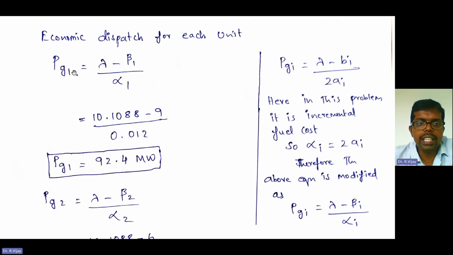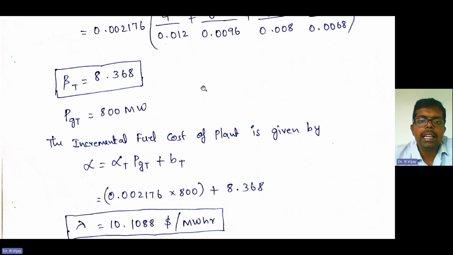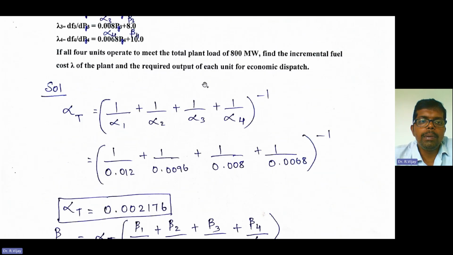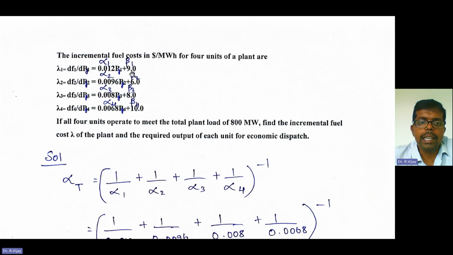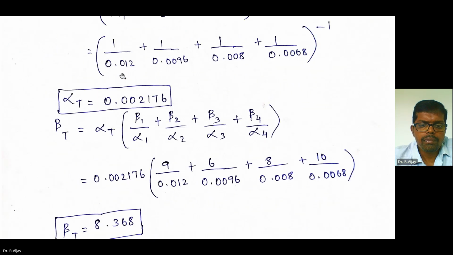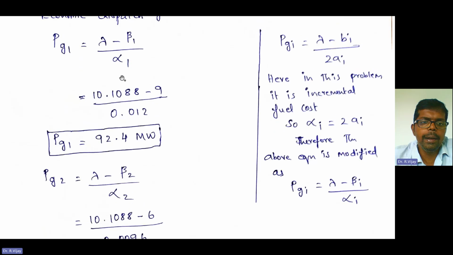First we find the first generating unit, PG1, which is lambda minus beta 1 divided by alpha 1. Beta 1 is 9 and alpha 1 is 0.012 from the problem data. Substituting here, we get PG1 as 92.4 megawatt.